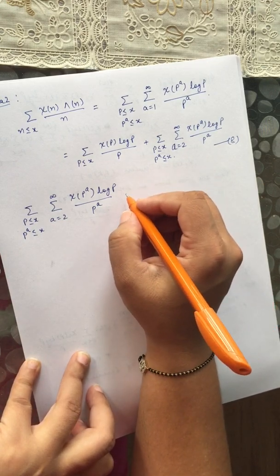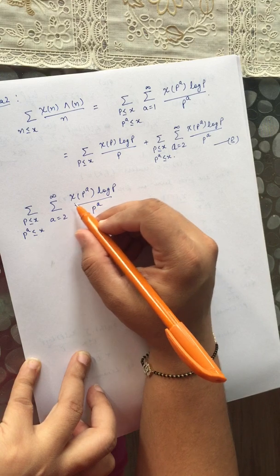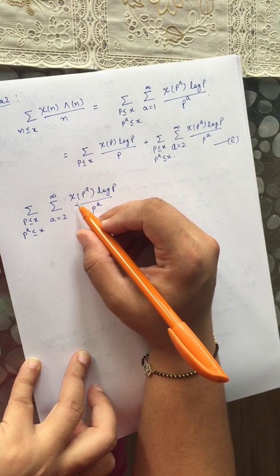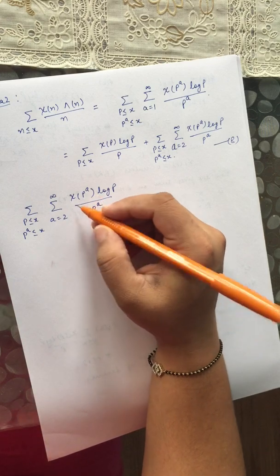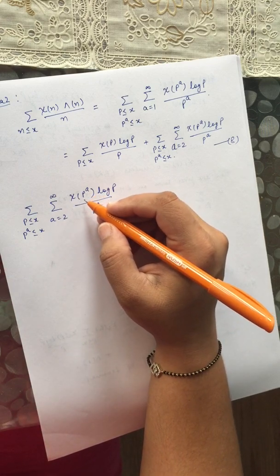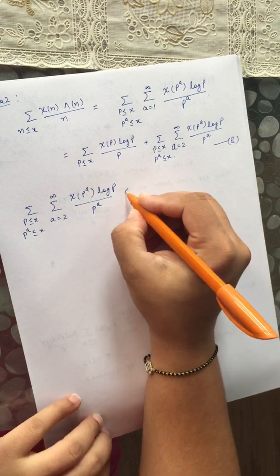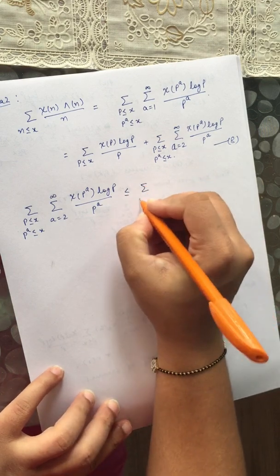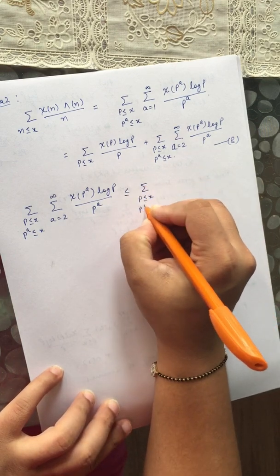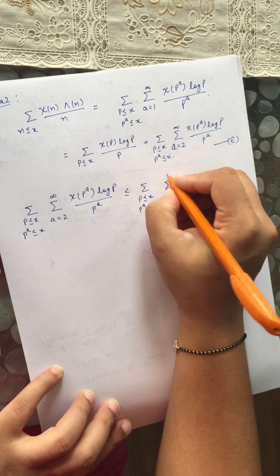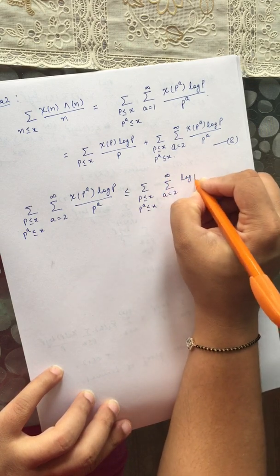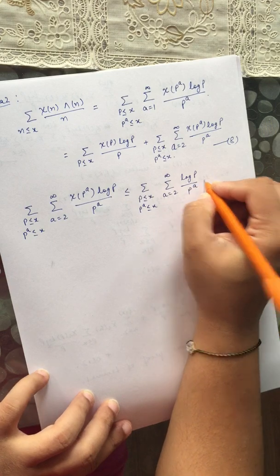So now we know chi takes the values which are roots of unity or 0. So the absolute value of chi of p raised to a is always less than or equal to 1. So we can write here this is less than or equal to log p upon p raised to a.